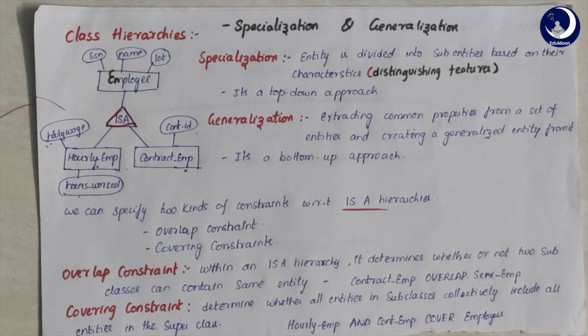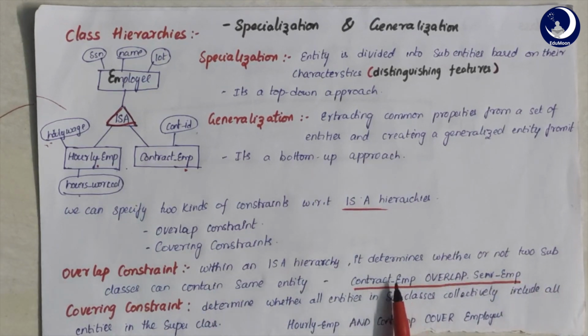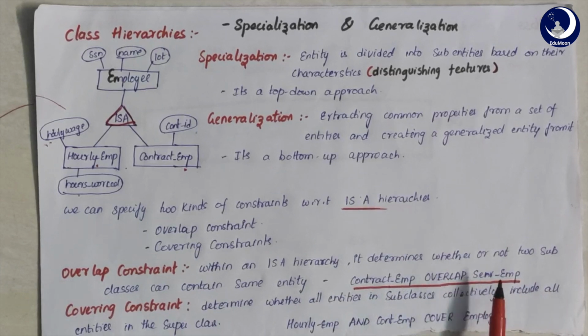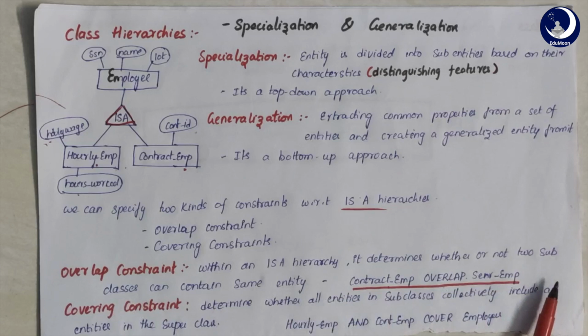But there are two entities that can be overlapped. Vidya can be a contract employee and she can also be a senior employee as well. So these two entities can be overlapped. The employee named Vidya can be a contract employee which overlaps with a senior employee. She can be a senior employee as well. This is what an overlap constraint is.